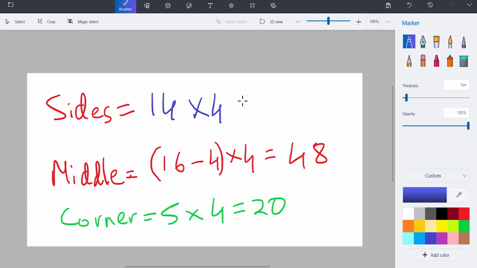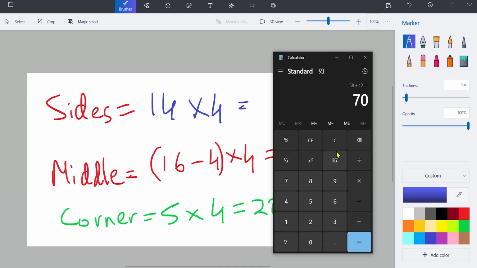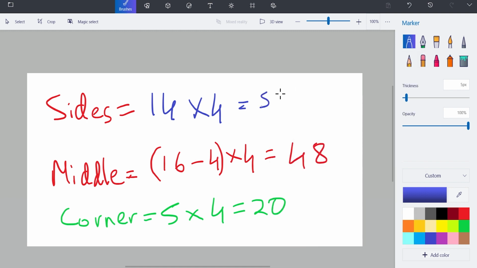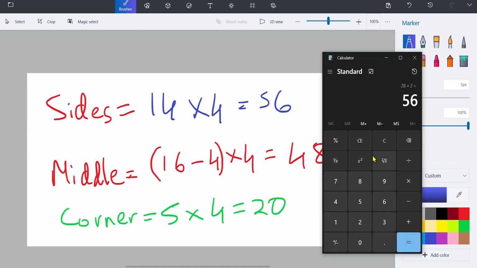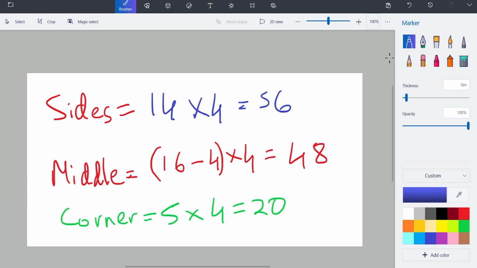That's going to be 28 plus 28 is that 56. Yep, so that's 56 at the top plus the 48 plus the 20 gives us 124.